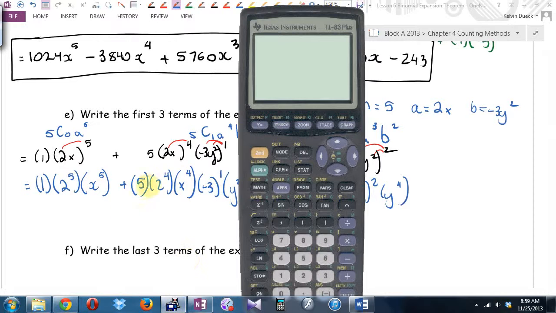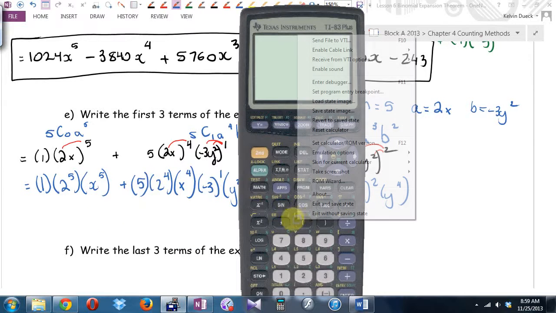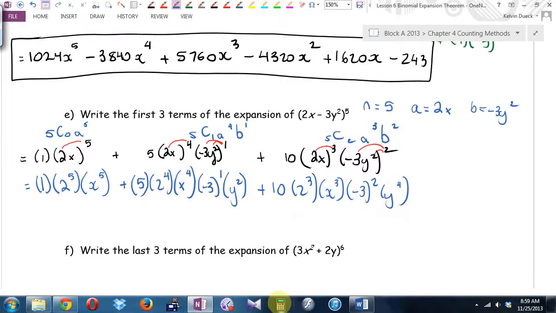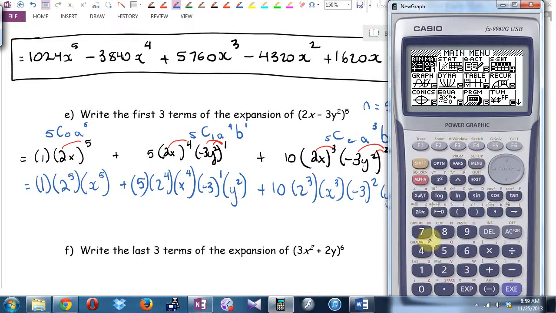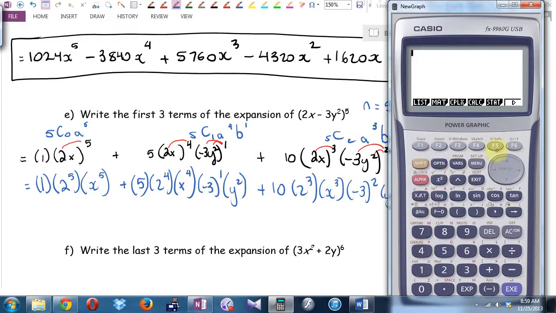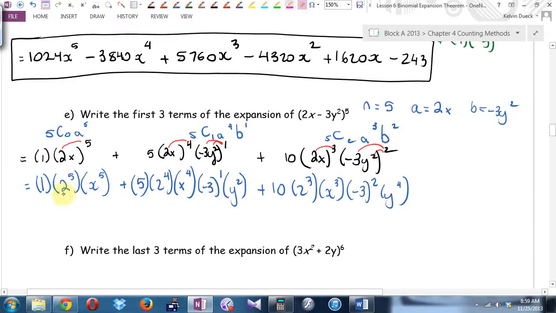So now we'll get out our graphing calculator, only I don't want this one. I want this one. And I need to be in my menu. I need to go option, arrow sideways, probability. Okay. So this first term here is going to be an x to the fifth for my variable.